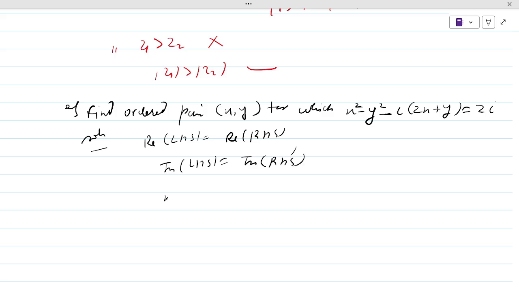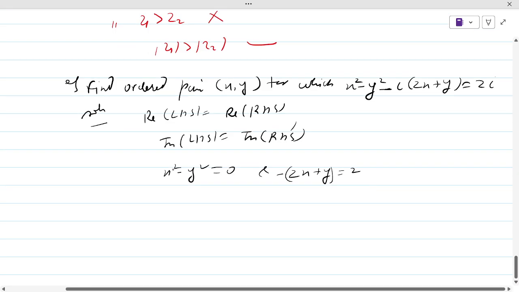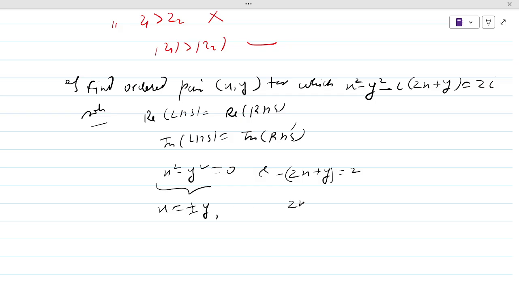So x squared minus y squared is equal to 0, and 2x plus y is equal to minus 2. From here I can see that x is equal to plus or minus y.